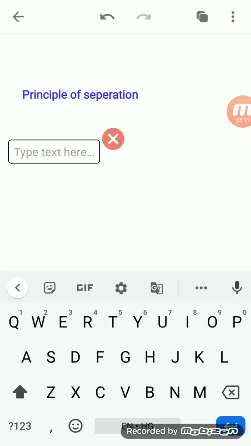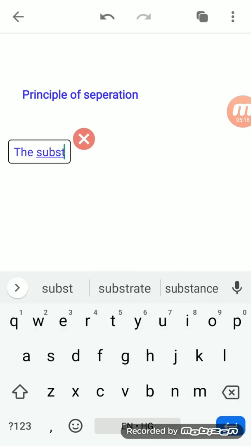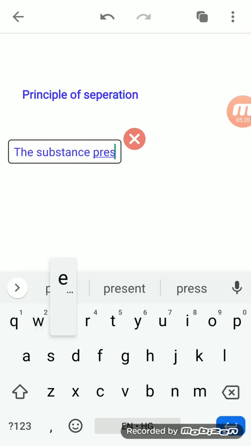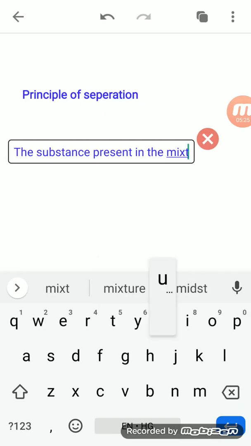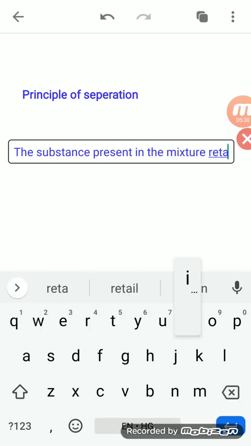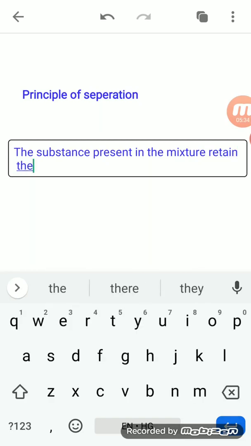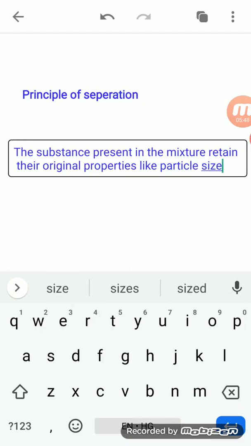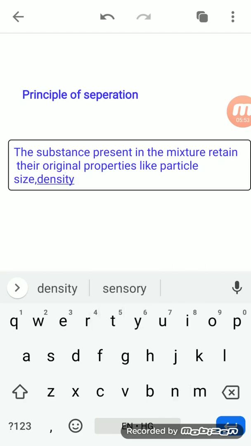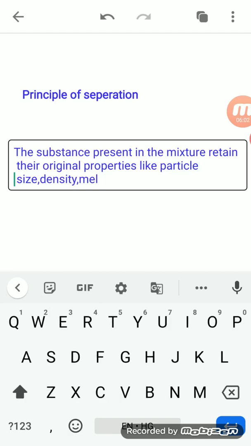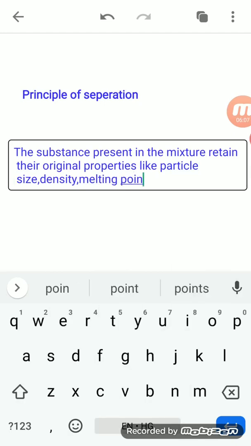The first principle is that the substances present in the mixture retain their original properties, like particle size, density, melting point, boiling point, etc.